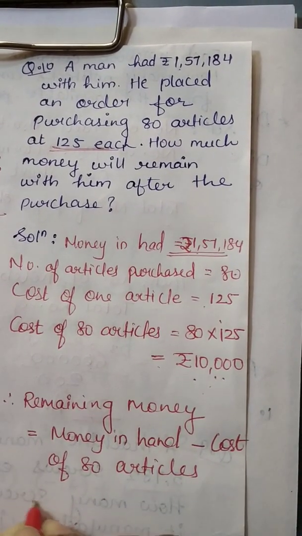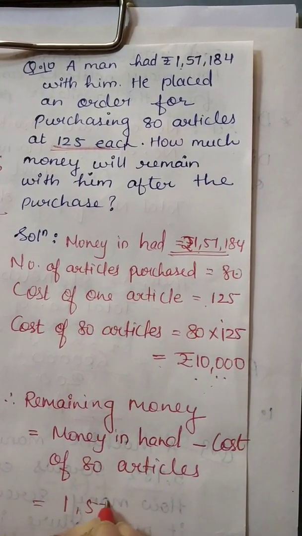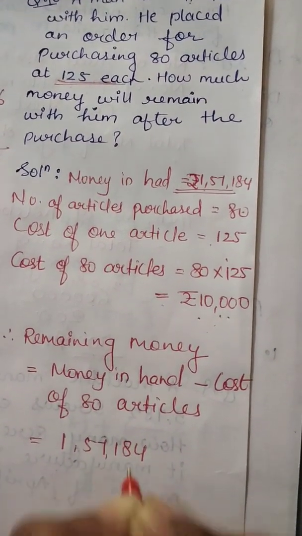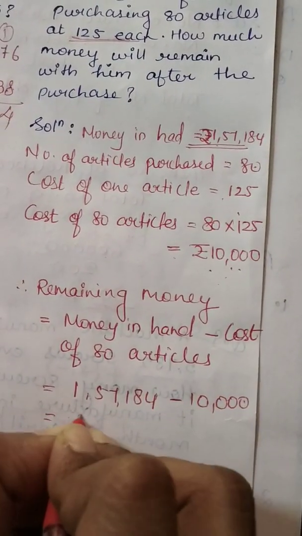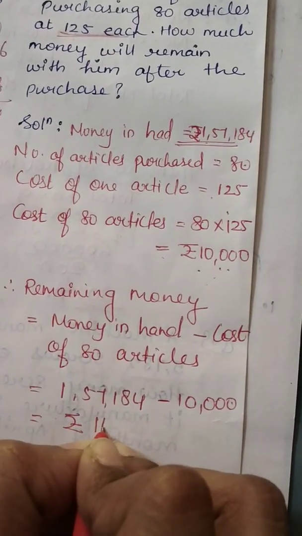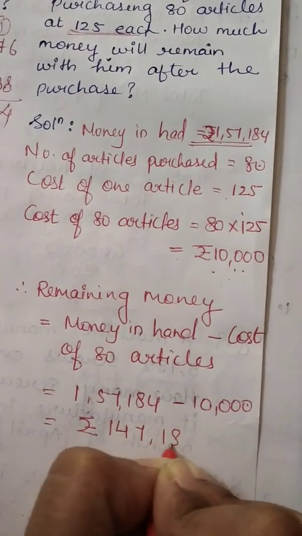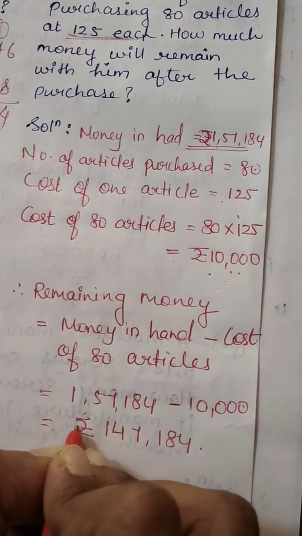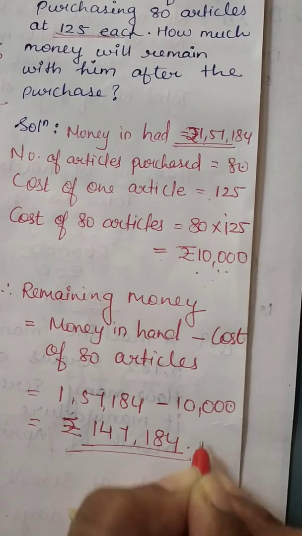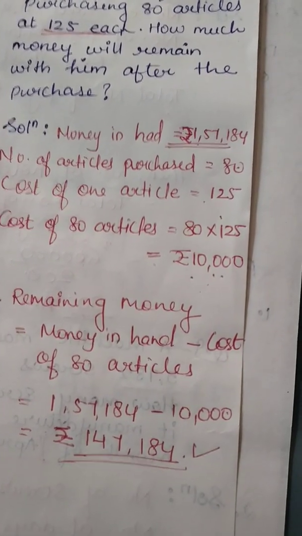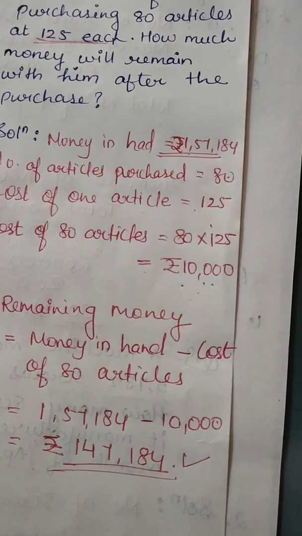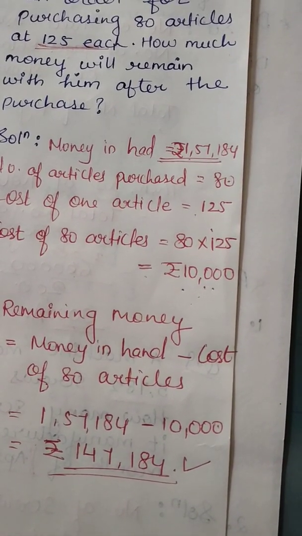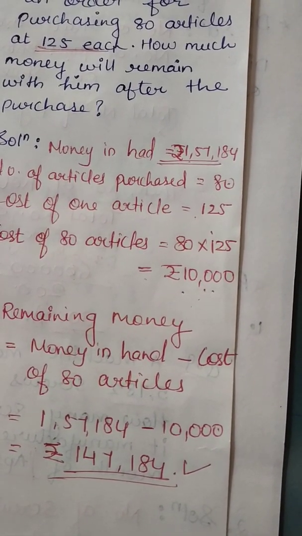So money in hand, that is 1,57,184 minus 10,000. So total amount left with him is 1,47,184. So this is the amount left with him. Okay student, hope you understand this sum. So now we have done almost all types of sums in number system.